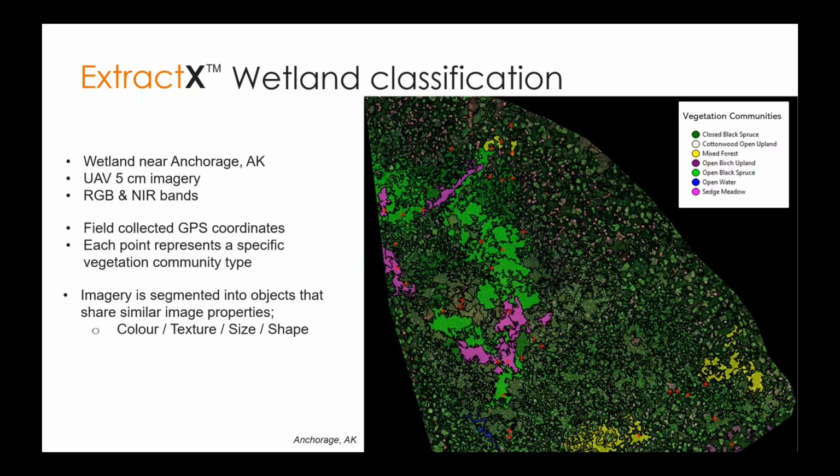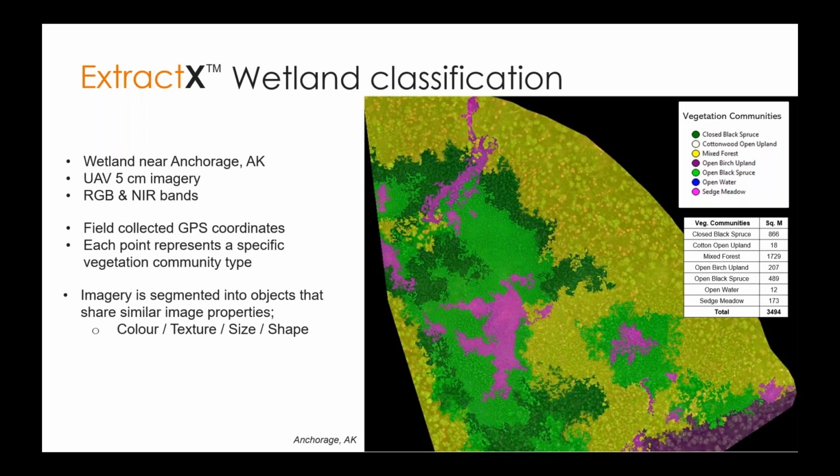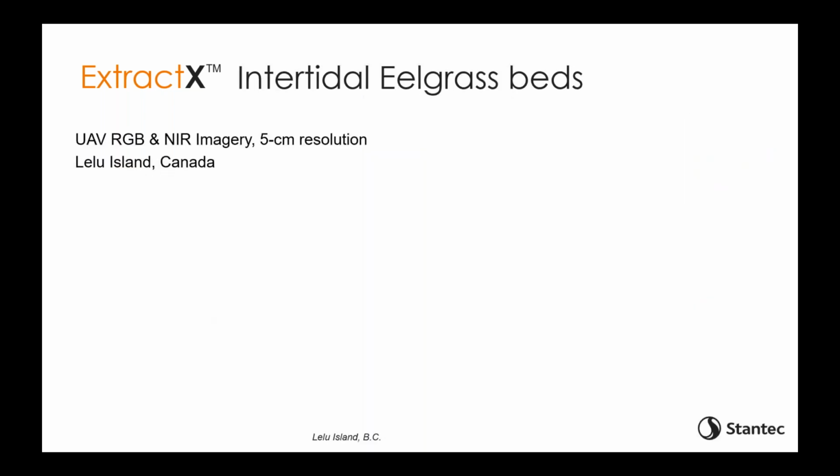Once we're able to train, or calibrate, the model, it goes through each of the remaining objects in the image and classifies them very quickly. Everything that we do, again, is in a GIS type environment, so we can very quickly and easily summarize statistics on those vegetation community types.